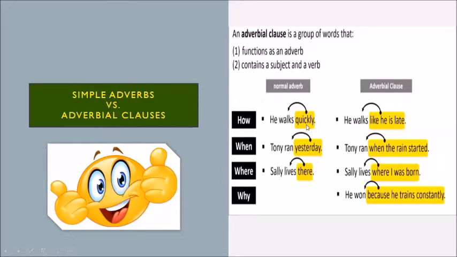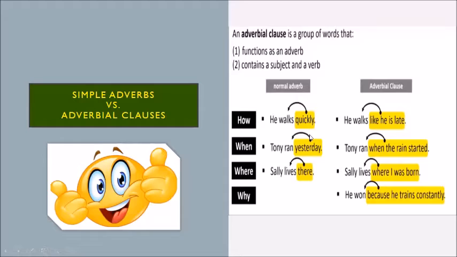This word, the adverb, is going to give us more information about the verb in this case. As you can see in these examples: He walks quickly. Tom ran yesterday. Sally lives there.